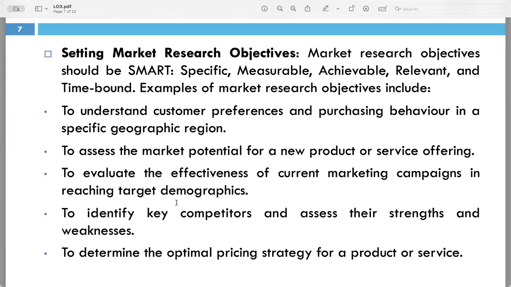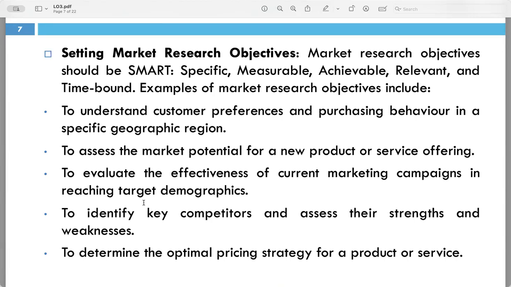For instance, to evaluate the effectiveness of a current marketing campaign in reaching target demographics implies that specific metrics such as engagement rates or sales figures will be used to gauge effectiveness.